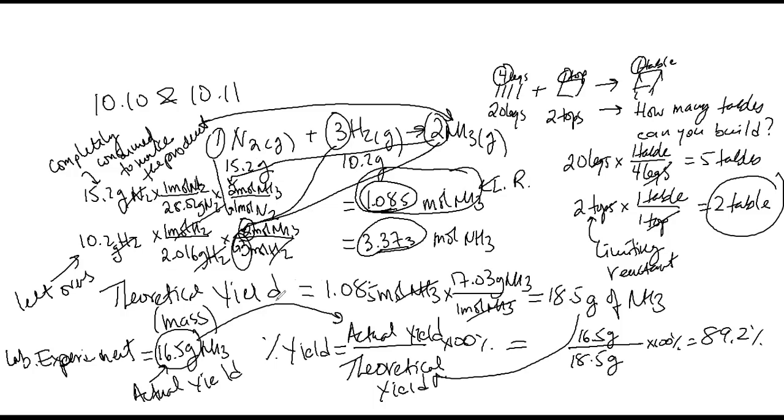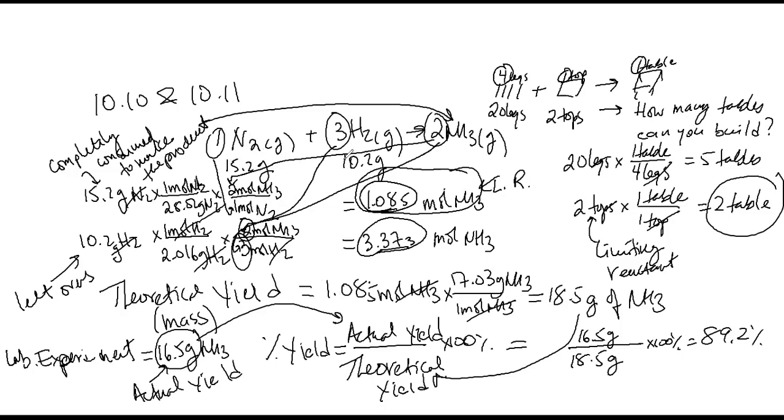This is the maximum amount of the product you can produce, based on the amounts of each reactant given in the problem. Now, when you have a regular stoichiometry or mole ratio problem, not a limiting reactant problem, you pretty much are going to be given just the mass of one reactant.